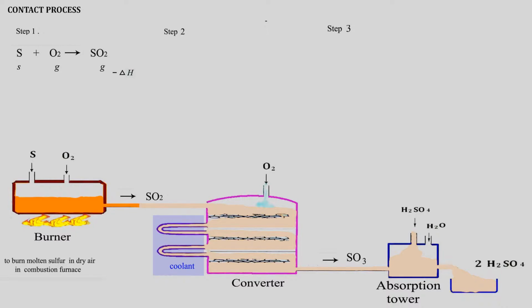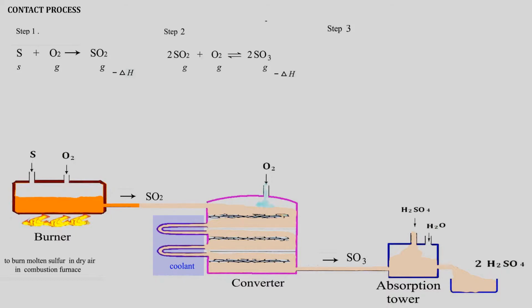So in this burner, you put sulfur with oxygen. Once it starts burning, it will self-sustain and produce a lot of heat, forming thick sulfur dioxide smoke. And this sulfur dioxide gas will be pumped onto the second chamber.